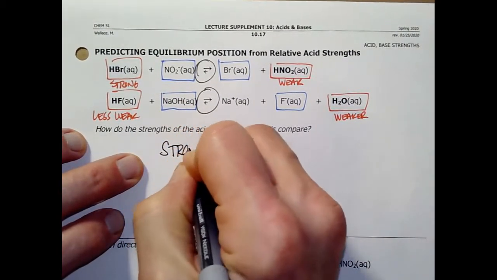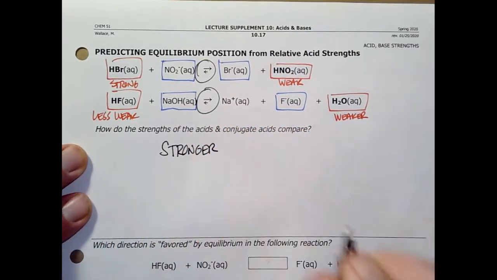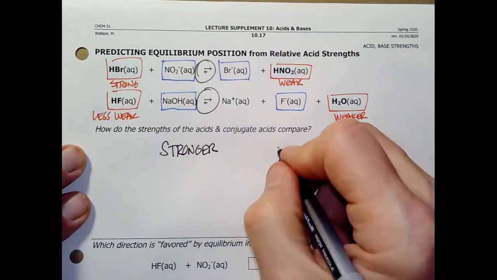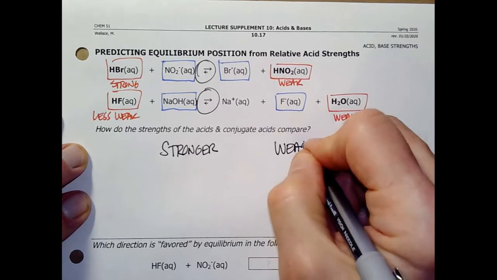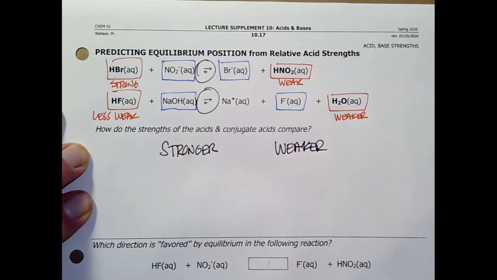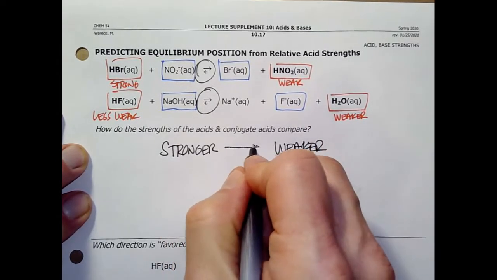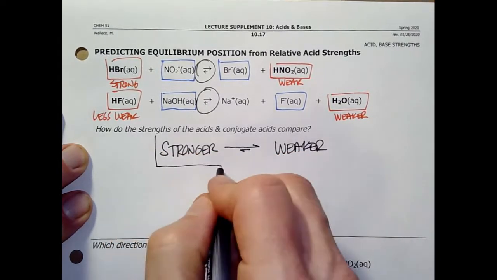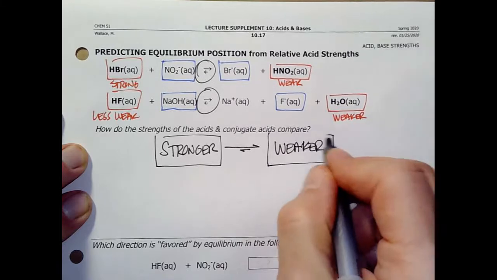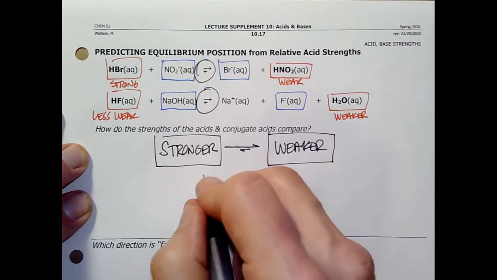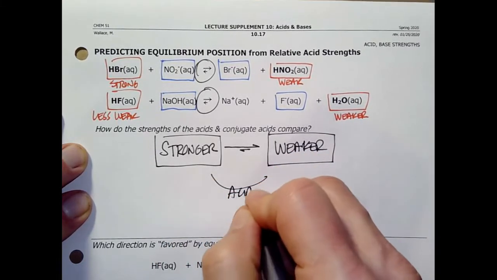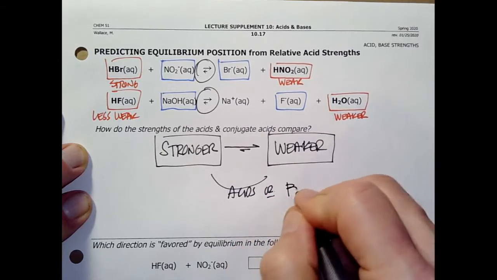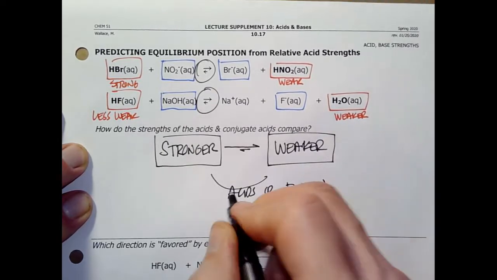If I have a stronger acid or base on one side, I have a weaker acid or base on the other side. The stronger acid or the stronger base sort of drives the equilibrium. So these can be acids or bases.